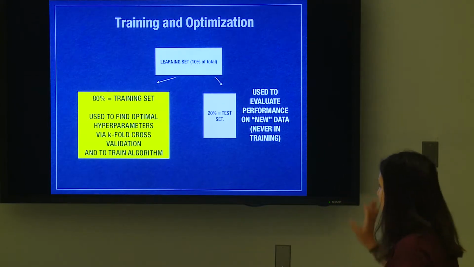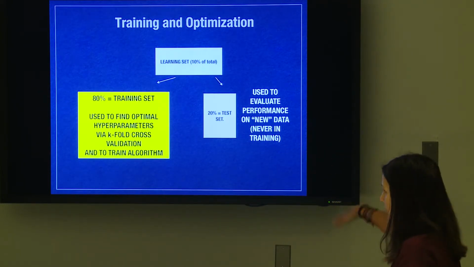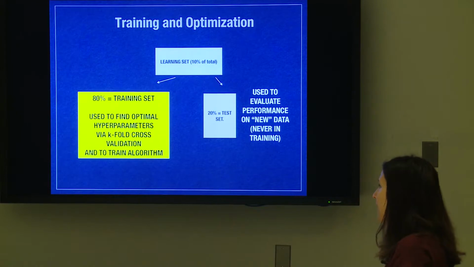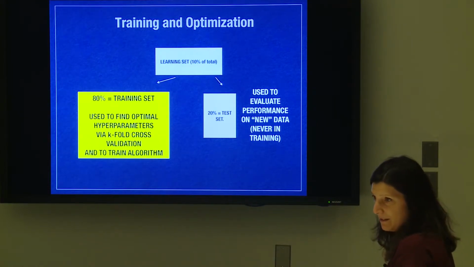So here what I did was take my learning set. I started with a simulation that had 10% of the total objects, using 80% for training and 20% for test. I did k-fold cross-validation on my training set to find the hyperparameters.